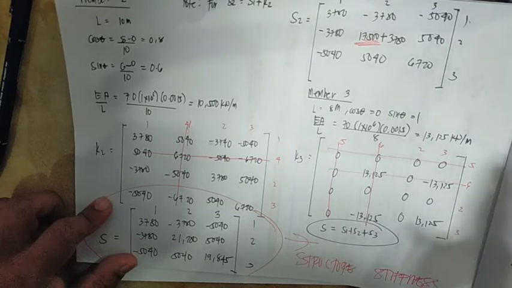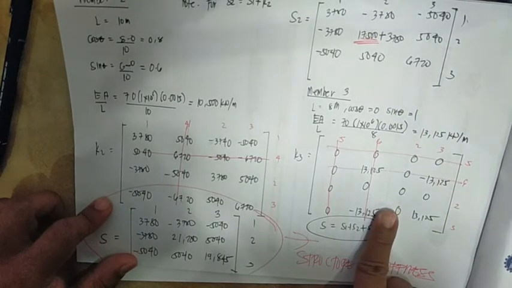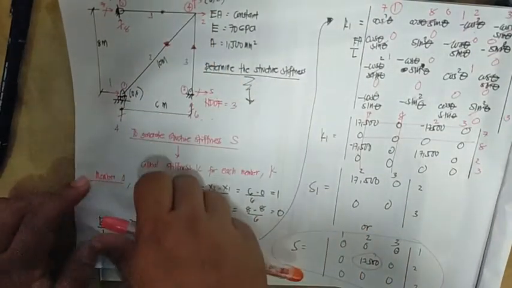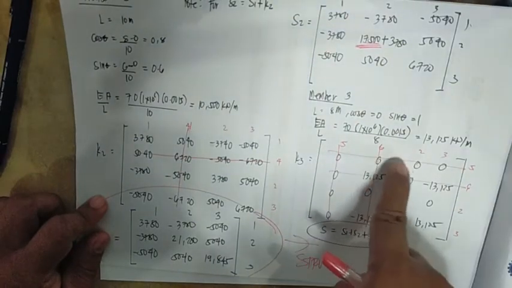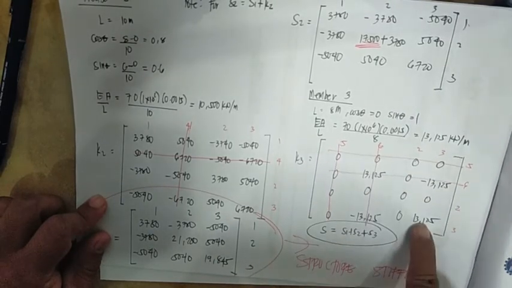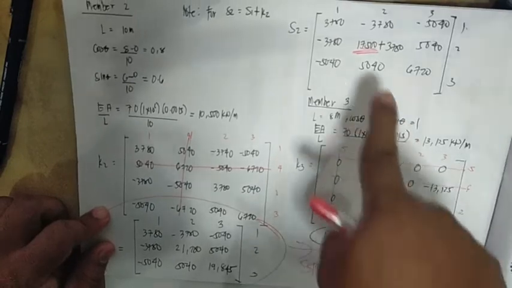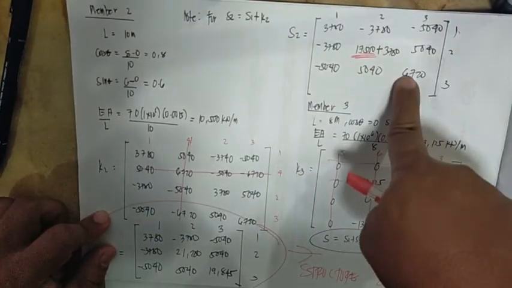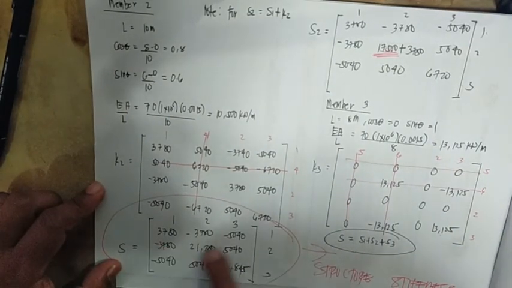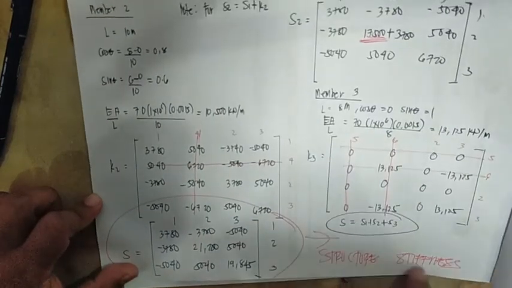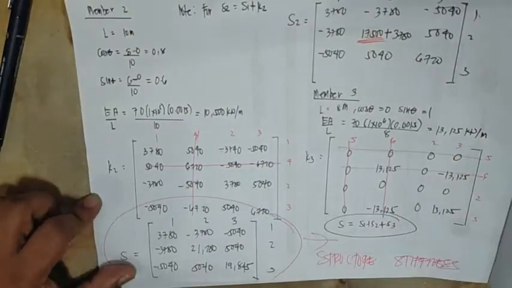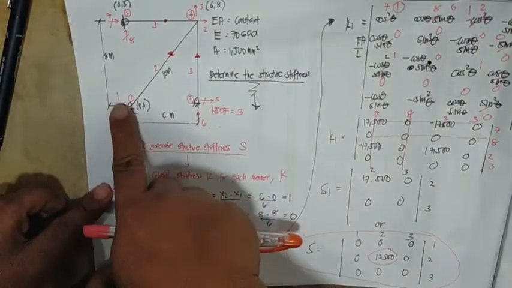Since our goal is to have structure stiffness that will determine this displacement 1, 2, 3, focus only on designated 1, 2, 3. Here, there is no 1, so 2, 3, remove 5, 6. So, it's only 13,125 that will be added here. So, 13,125 plus 6,720 will give you 19,845. And this will be now the structure stiffness.